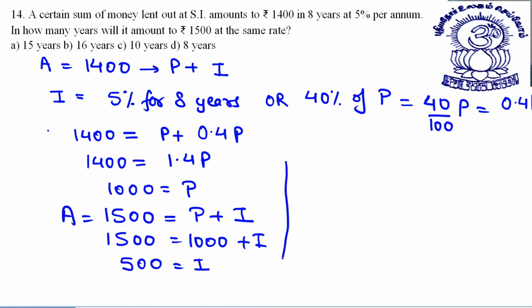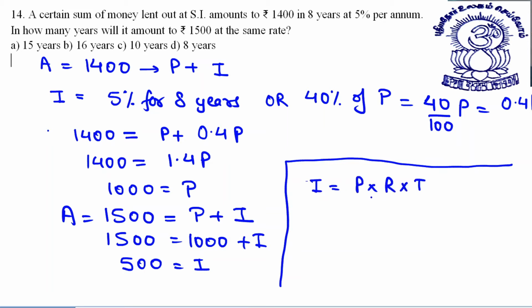Now let's solve the question by using the formula. Interest is principal into rate into time by 100. We are asked how many years it will take to amount to rupees 1500 at the same rate.